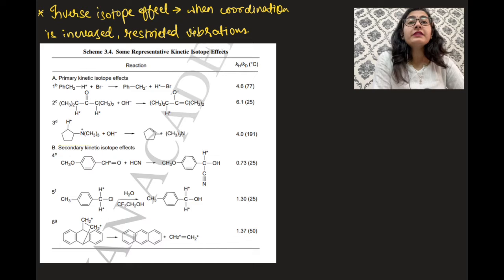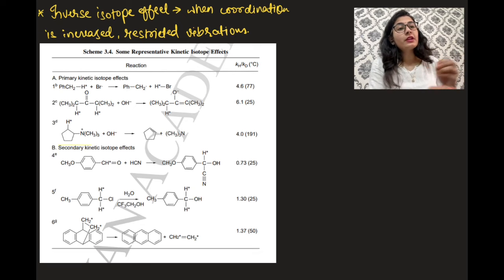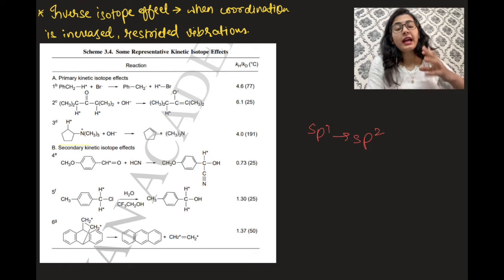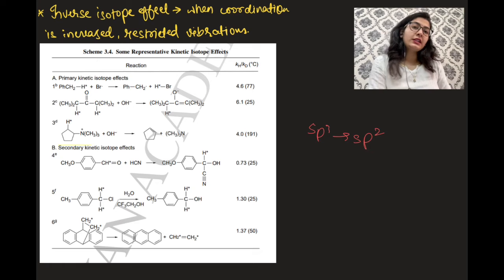Now guys, look at this slide. In here we see the inverse isotope effect, which takes place when we are just doing the reverse of the normal kinetic isotope effect. We have gone from sp3 to sp2 because there was a relaxation in geometry and the bond angle has now increased, so the CH bond becomes better than the CD while the vibration is taking place.